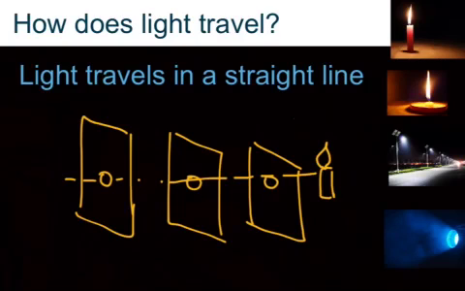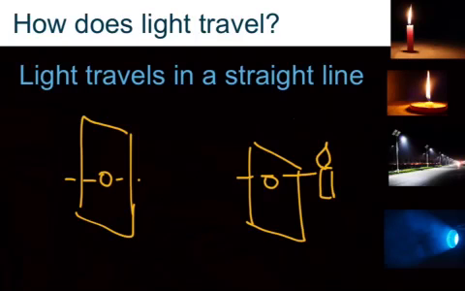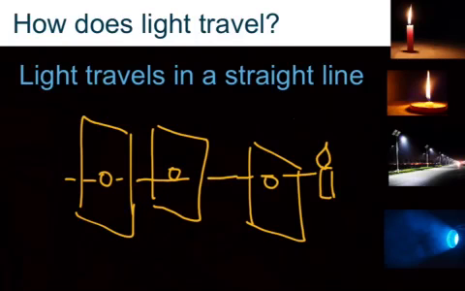But if any one of the cardboards is moved to the side, then you will find that the light, which travels in a straight line, cannot travel through the holes, and therefore you cannot see the candle flame. So this is a simple experiment to show that light travels in a straight line.